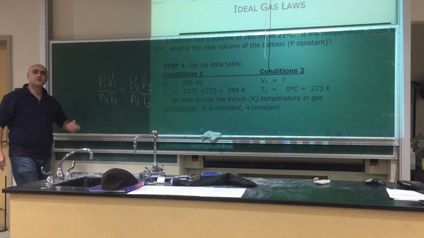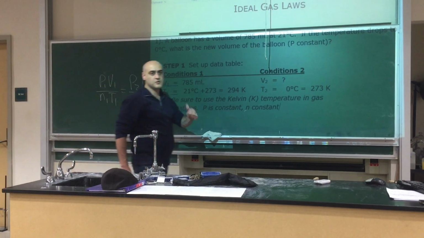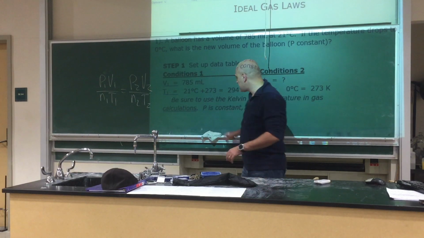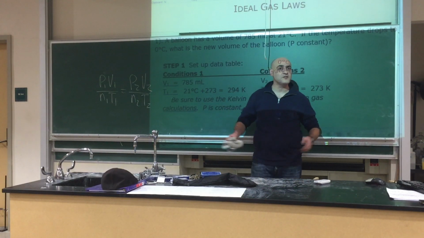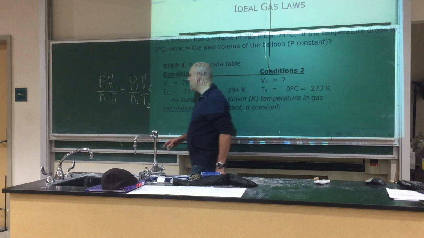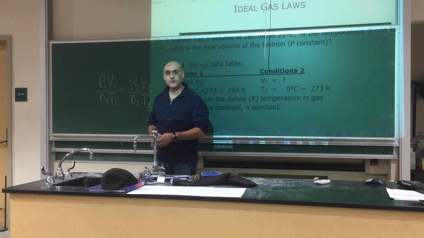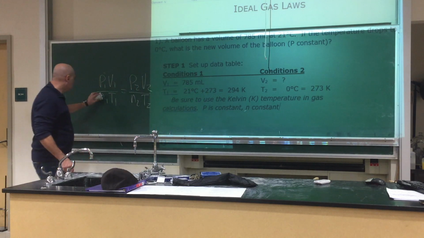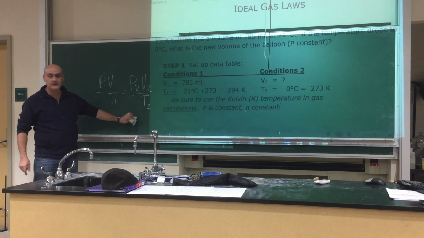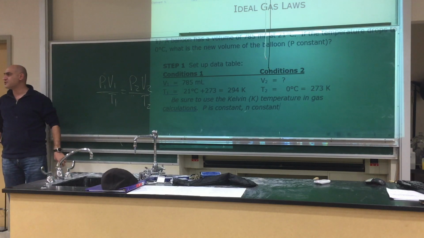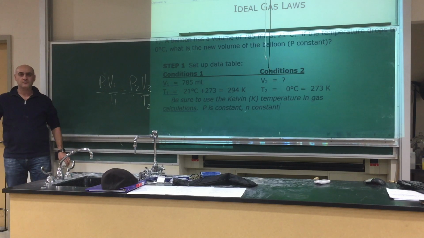It's going to help us solve this question. You know why I like this equation? Because if the moles are constant, let's say the moles are 2 moles, isn't it going to be 2 moles for n1 and n2? And if you have 2 moles for both of them, wouldn't that just cancel? Anything constant just comes out of this equation.